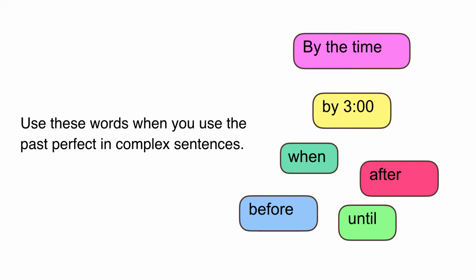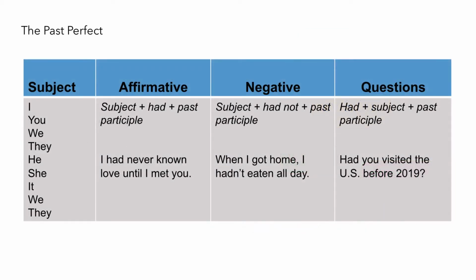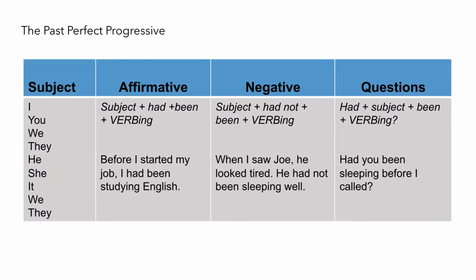To form the past perfect, you need had for every subject and a past participle. Review past participles because some of them are irregular. We can also make the past perfect progressive by using had, been, and a verb plus ing.